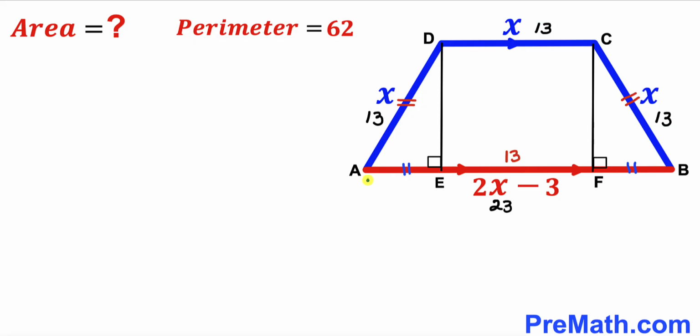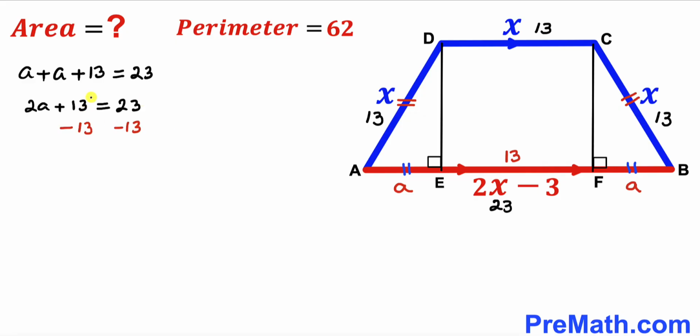If I label this side length as lowercase a, then this side length is lowercase a as well. Then the sum of these segments, a plus 13 plus a, has got to be equal to 23. So we end up with 2a plus 13 equals 23.